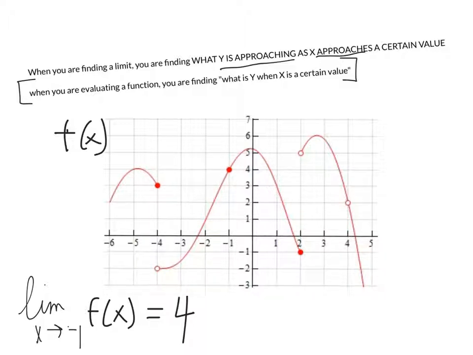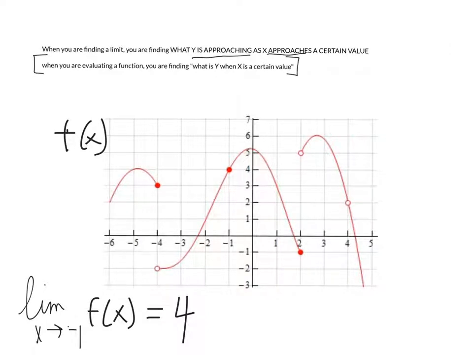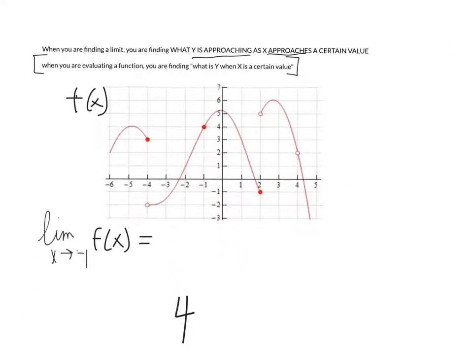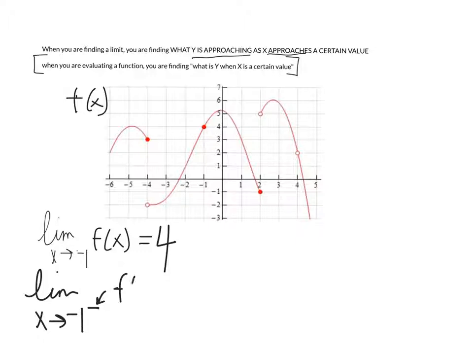Now, I don't know what notation you know, but the way this is all written is we looked at the limit as x approaches -1 from the left, and that little minus sign up there signifies from the left. That limit was equal to 4. Then we looked at the limit as x approaches -1 from the right.